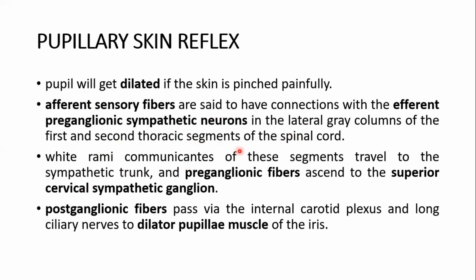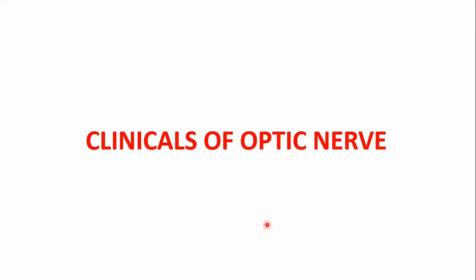White rami communicantes of these segments travel to the sympathetic trunk, and preganglionic fibers ascend to the superior cervical sympathetic ganglion. Postganglionic fibers pass via the internal carotid plexus and long ciliary nerves to the dilator pupillary muscle of the iris.